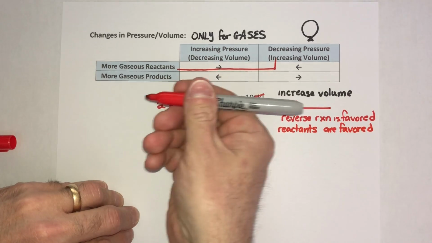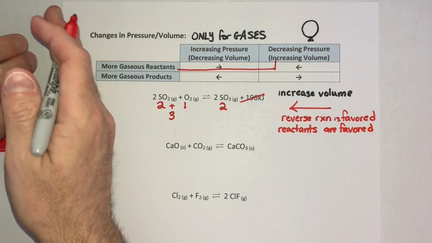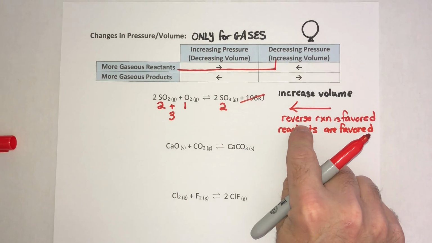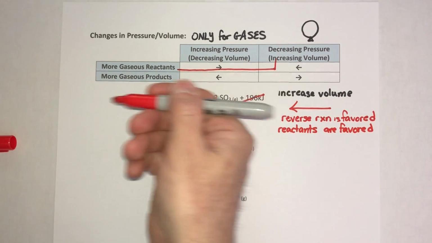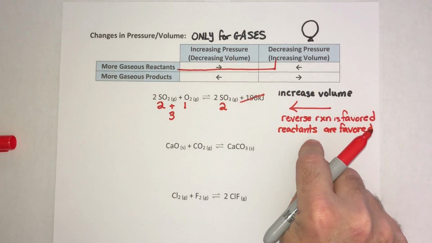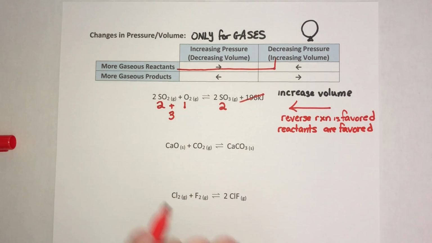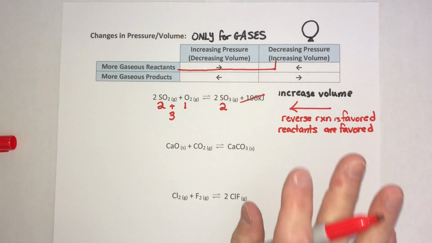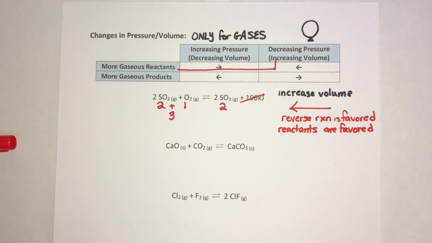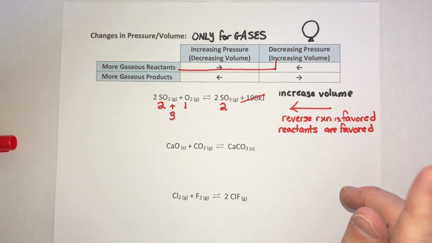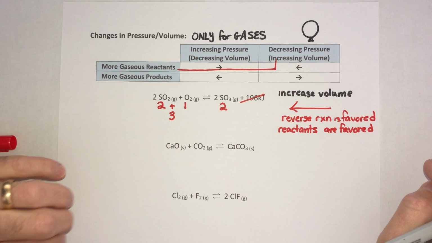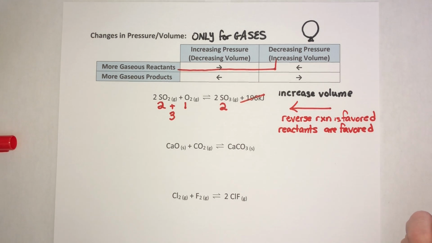I can draw a backwards arrow showing that the reaction is going to go backwards. I could say that the reverse reaction is favored. Or I can say the reactants are favored because I'm making reactants, right? All of those say the same thing. Depending on what assignment you're working on or what class you're in, your teacher will have a favorite. And whichever one their favorite is, that's going to be your favorite too.